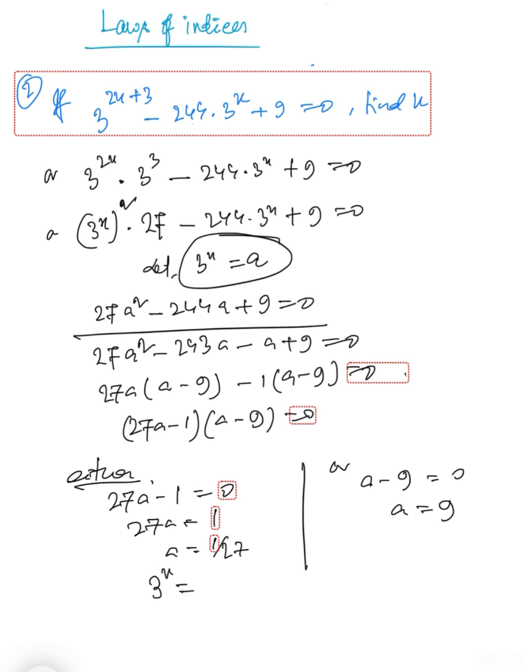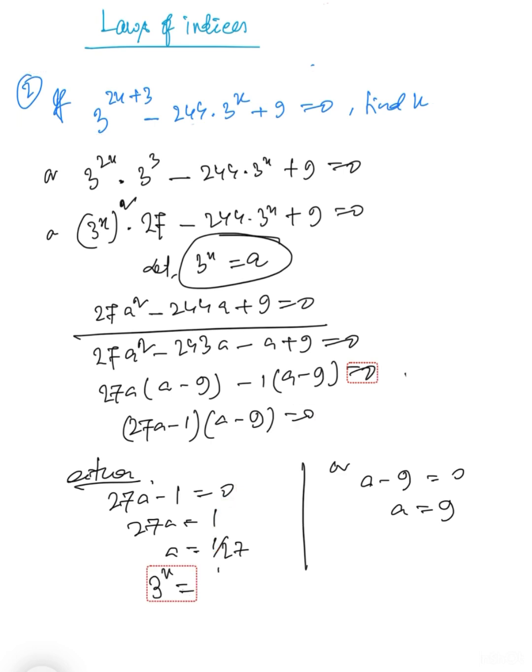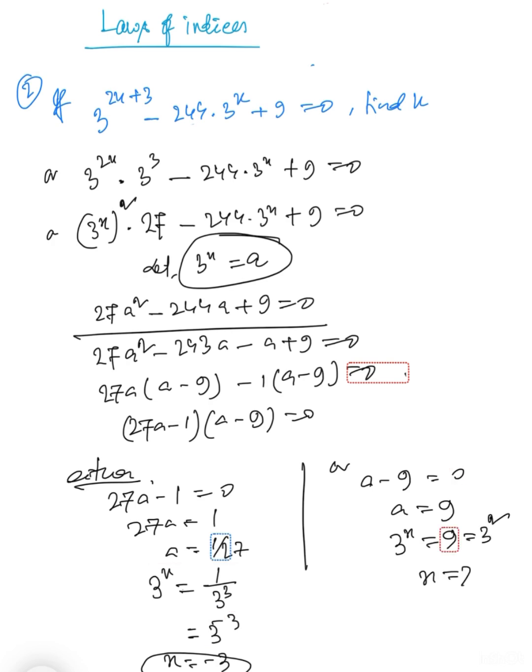So 3 to the power x equals 1 by 27 or 3 cube, that is 3 to the power minus 3, and x equals minus 3. Here 3 to the power x equals 9 equals 3 square, so x equals 2. So we are getting two values, x equals minus 3 and 2 as solution.